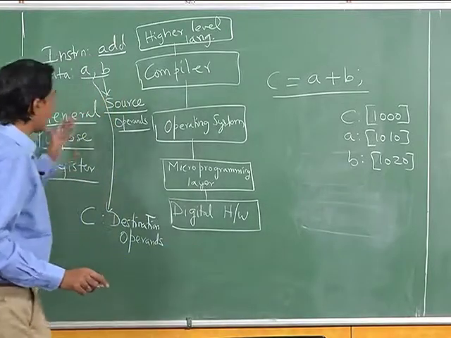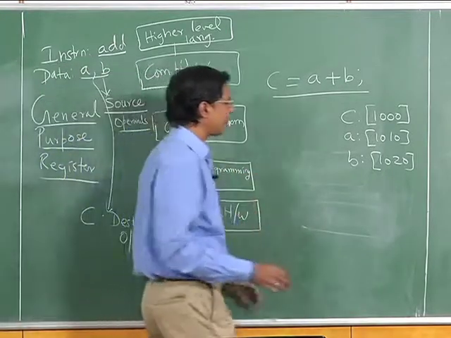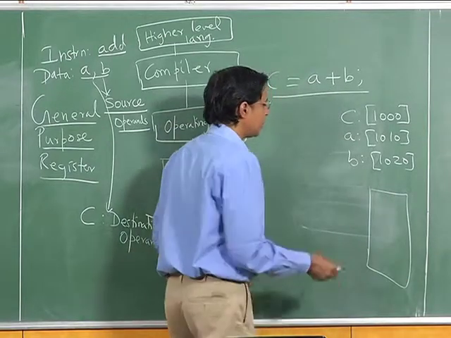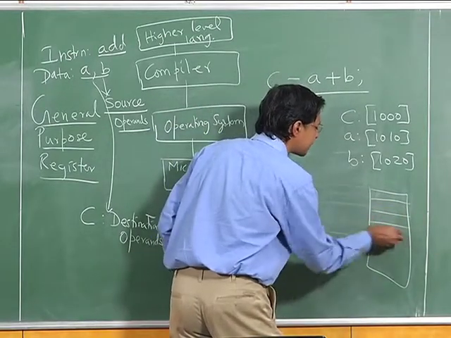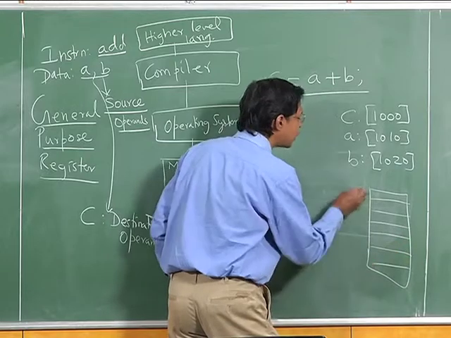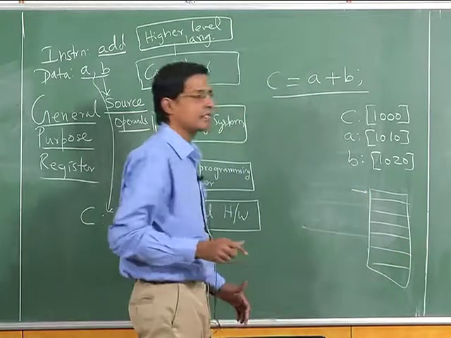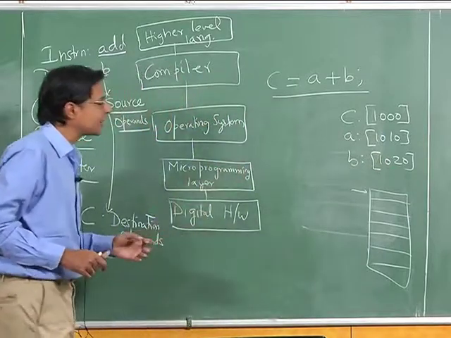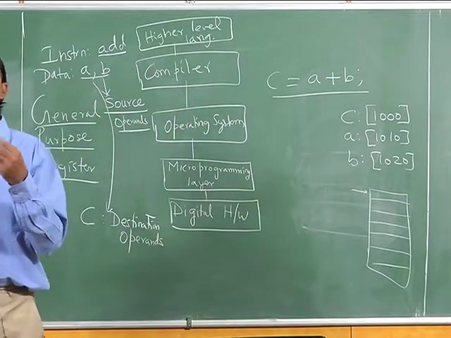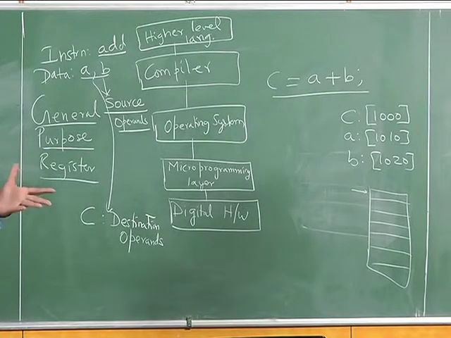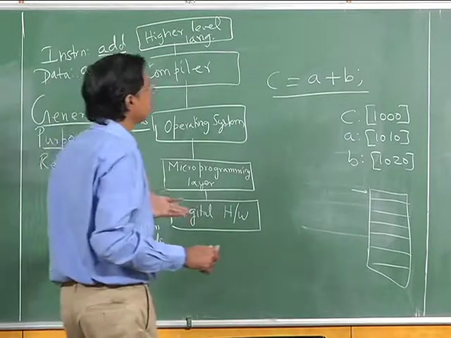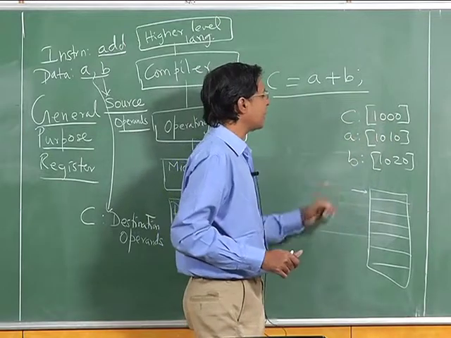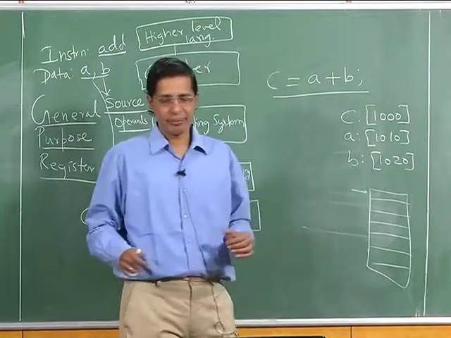The random access memory that we talked of has different locations, and each location has an address like 1000, 1010, and in each address an instruction or a data can be stored. Now let us assume that C is stored in 1000, A in 1010, B in 1020.